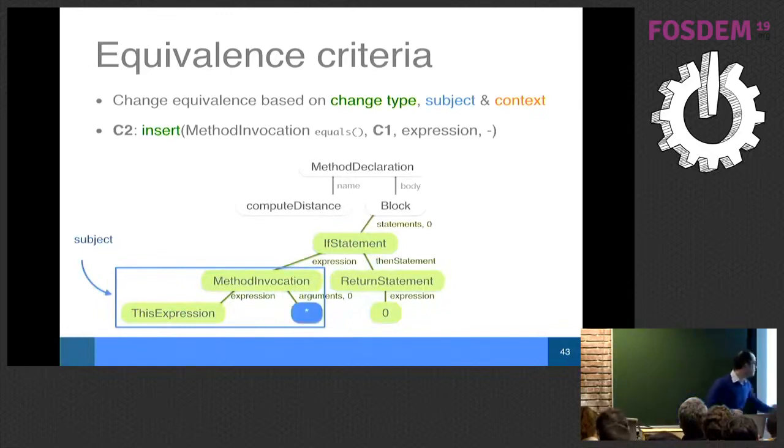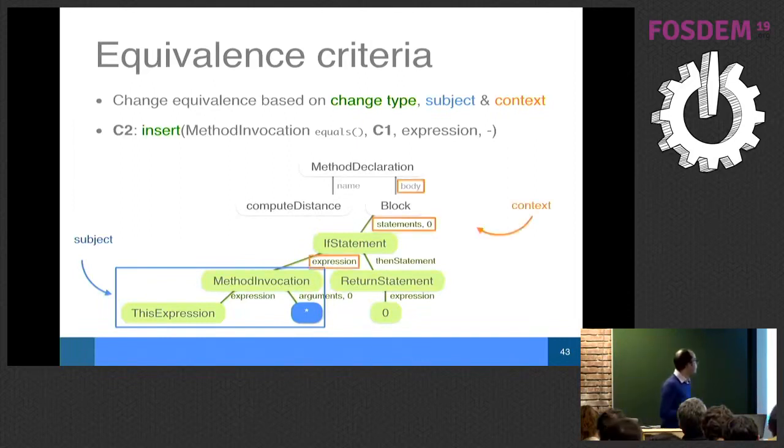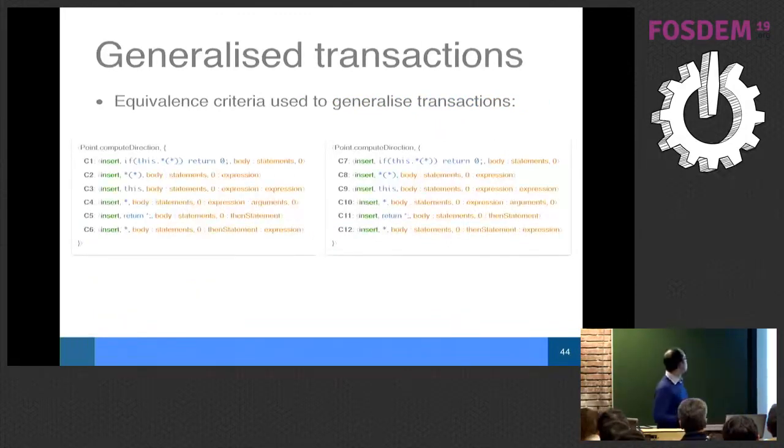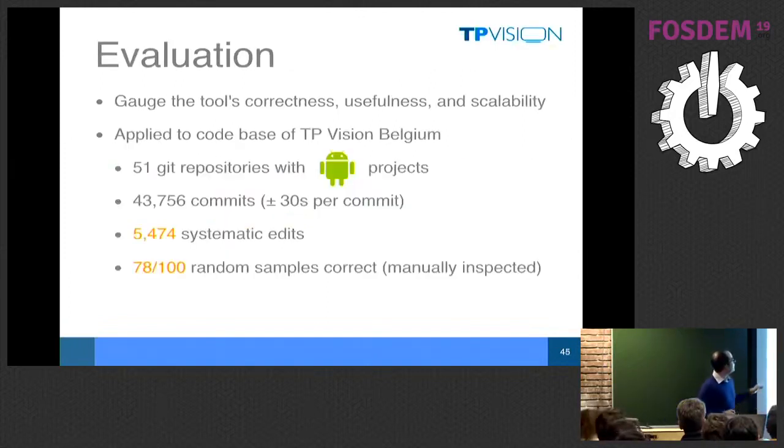And we anonymize the identifiers, because otherwise it's hard to gather together the patterns. And then finally, we define the context, which is just the place in which the subject occurs. So, given these 2 groups of changes, we transform the edits in this kind of representation.